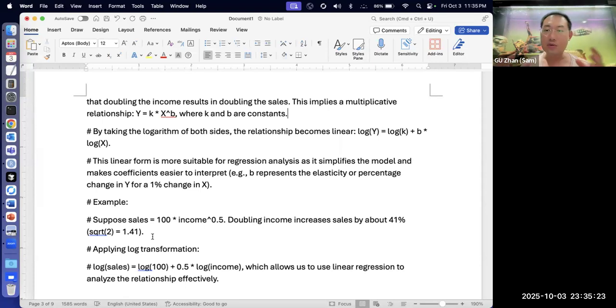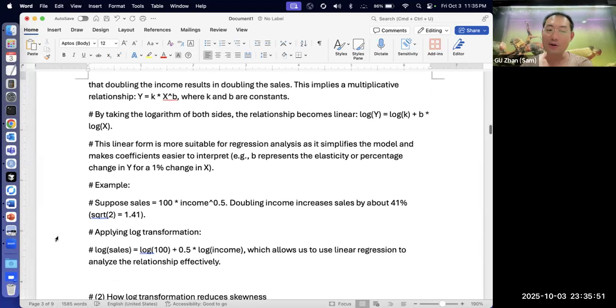So you can't mix non-additive with additive. But after applying the log, you convert the multiplicative relationship between income and sales to an additive relationship. Then you add on more independent variables, and the regression model will still be workable.